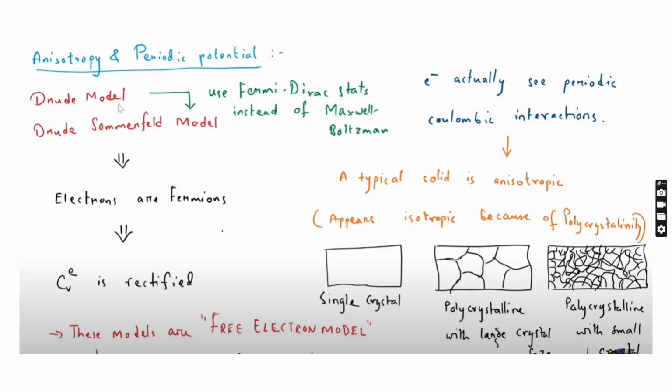The models we learned, the Drude model and the Sommerfeld model, are the free electron models.